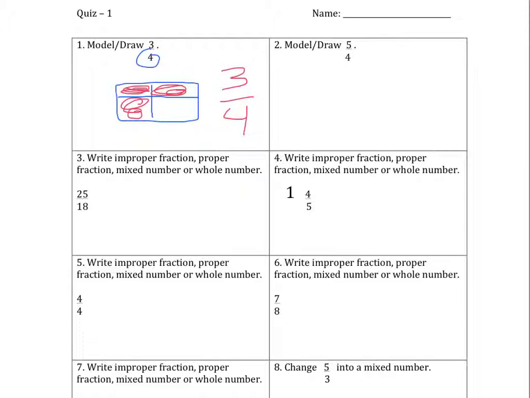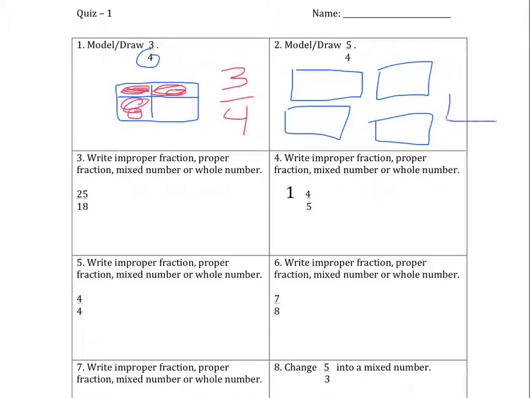Okay, for the next one, it says model 5/4. Remember, our top number tells us how many shapes we need, and the bottom number tells us how many we're going to break it up into. So we're going to draw 5 shapes. We're going to break them up into 4 pieces.